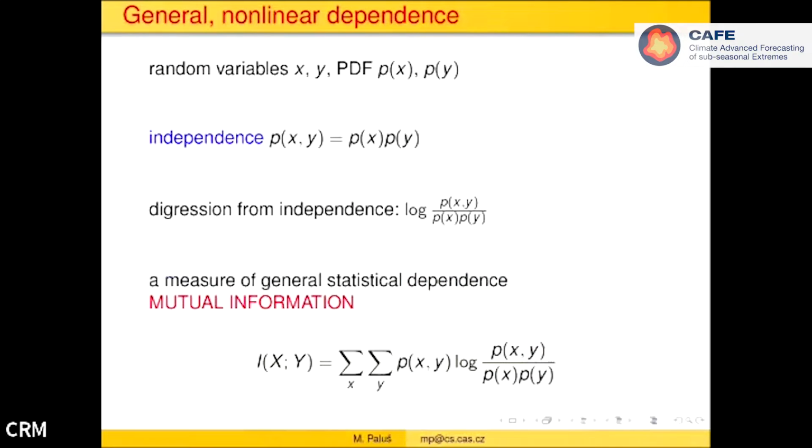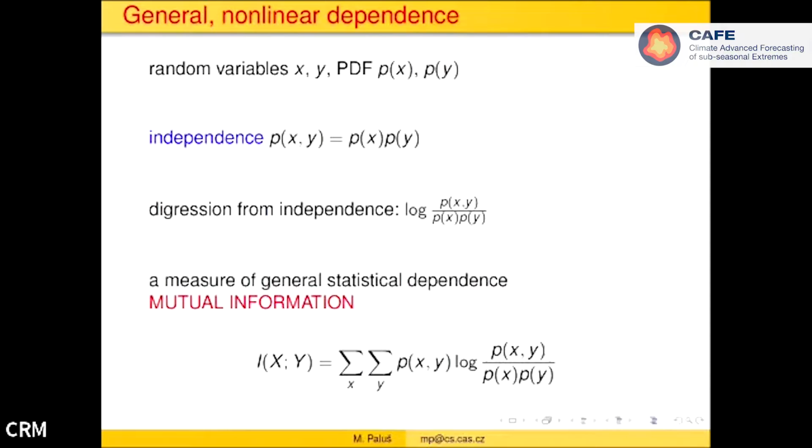So if we have two random variables, say x and y, with probability distribution functions px and py, we know that these two variables are independent if the joint distribution is equal to the product of px times py. If we take the ratio of the joint and the product of marginal distributions, for independent variables it is equal to 1, and the logarithm of this is equal to 0.